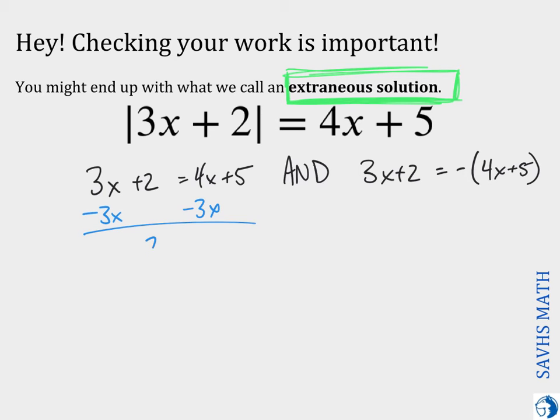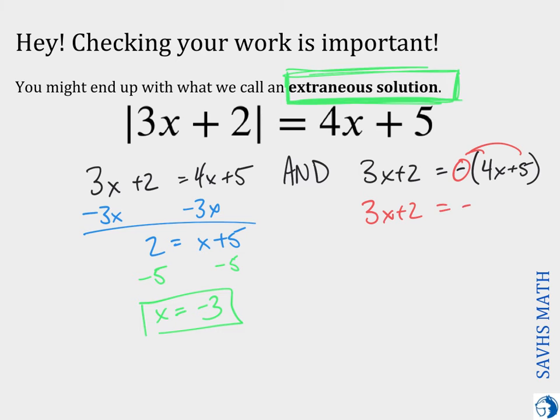And I get 2 equals x plus 5. Subtract 5 from both sides, and I get x is negative 3. I'm going to do exactly the same thing over here, except I'm going to start by distributing the negative through here and here. So I'm going to rewrite as 3x plus 2 equals negative 4x minus 5.